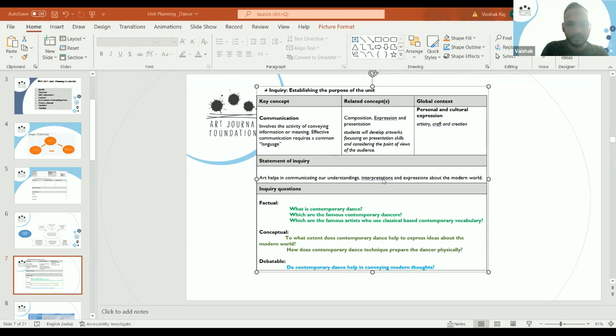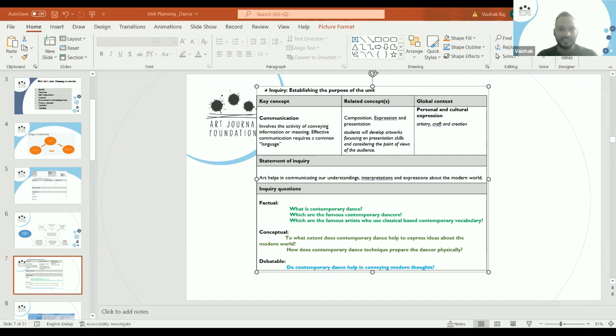Art genres help in conveying and portraying personal journeys. Now genre is your related concept. Communication is your key concept, you can use communicating also, by the way. Art helps in communicating personal journeys. As simple as that also. Yes, sir. Then also it becomes more.